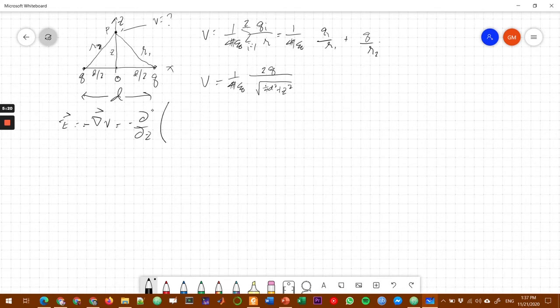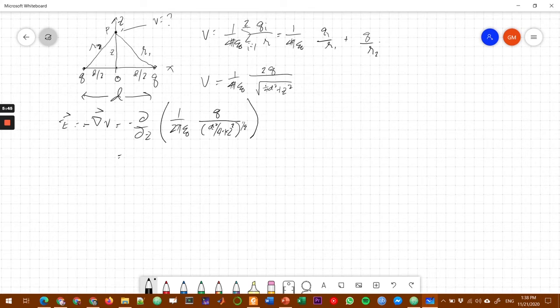So we have 1 over 2 pi epsilon naught, canceling the 2 in 2q with the 4 below, so we have q over the square root, d squared over 4 plus z squared to the 1/2. Okay, that would be good.